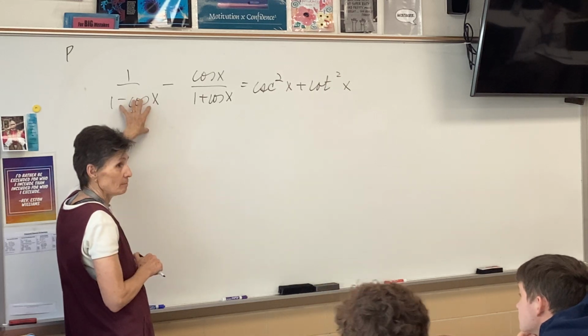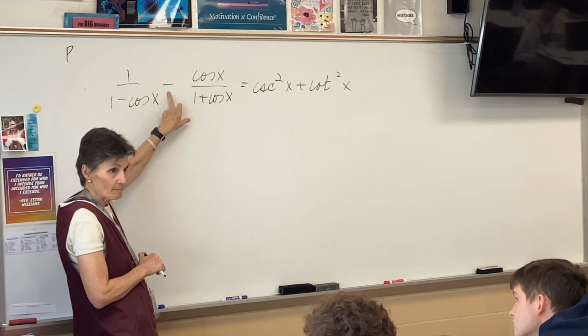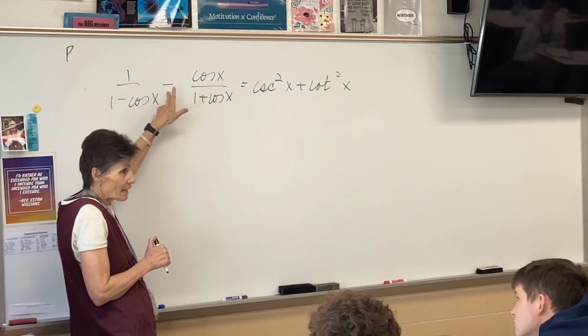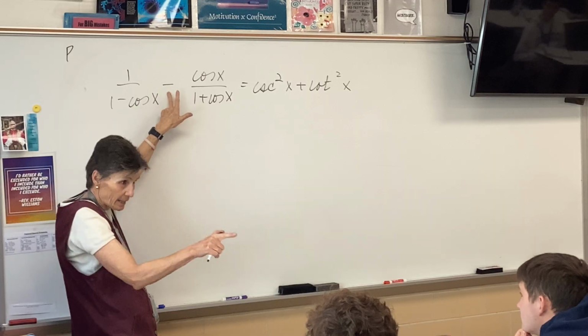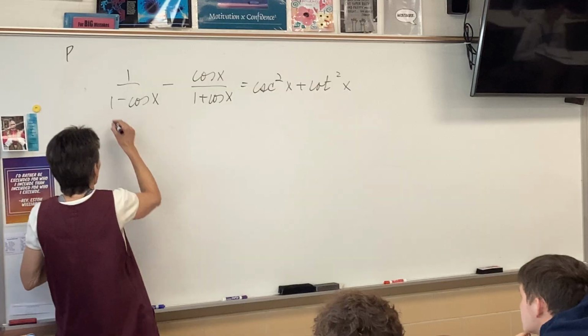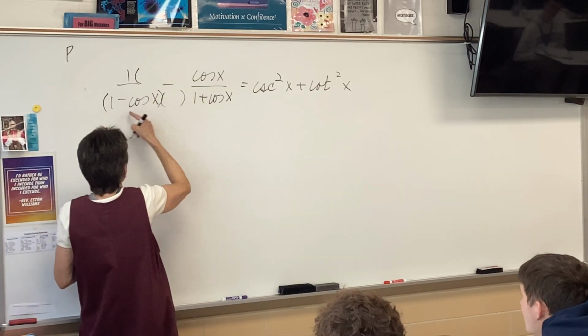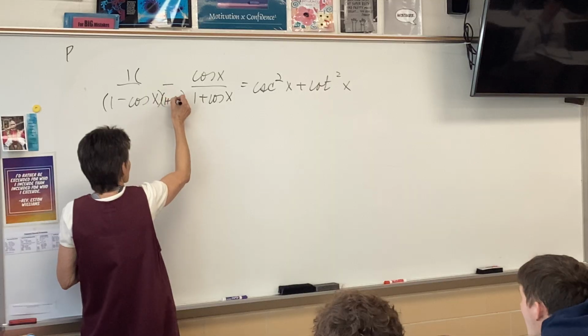That's a fraction. That's a fraction. I'm subtracting that. What has to happen? I've got to have a common denominator. So my common denominator will be 1 minus and 1 plus.